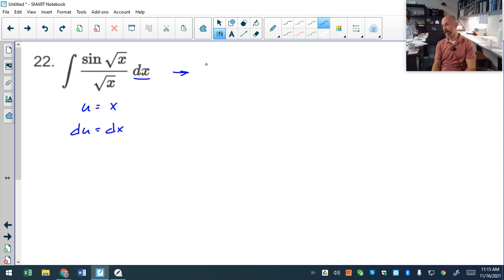So I am allowed to now go on with my substitution. I take out the dx, I replace it with the du. Then I have to get rid of every other x. So instead of sine of square root of x, I'm going to have the sine of the square root of u. Instead of square root of x, I'm going to have the square root of u. How does that help me? It doesn't, unless you just have a fear of the letter x, right?